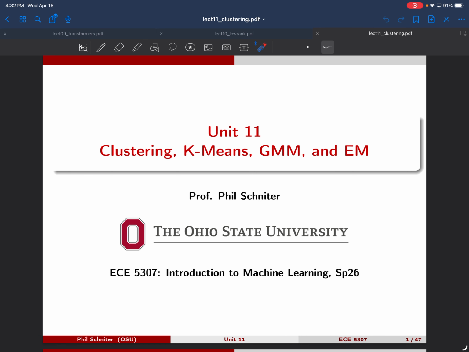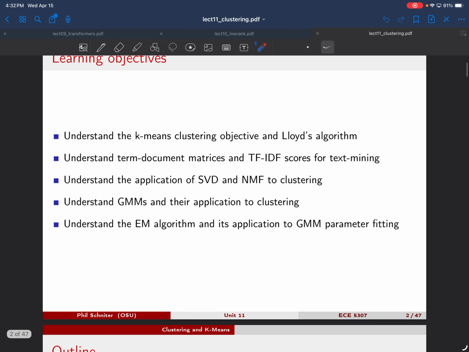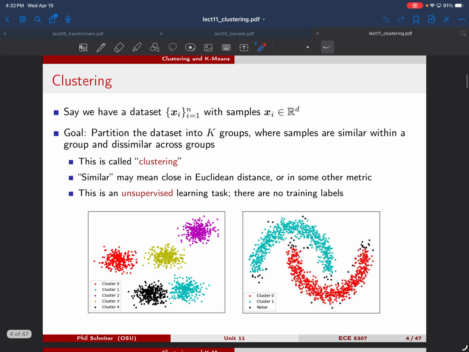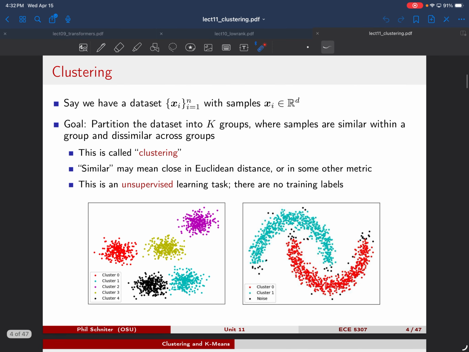But clustering is definitely a useful thing to know about. It's a different task than we've considered. In clustering, you're given a data set just with features. There are no labels, and your objective is to partition the data set into k groups, where samples within a group are similar and samples across groups are dissimilar.